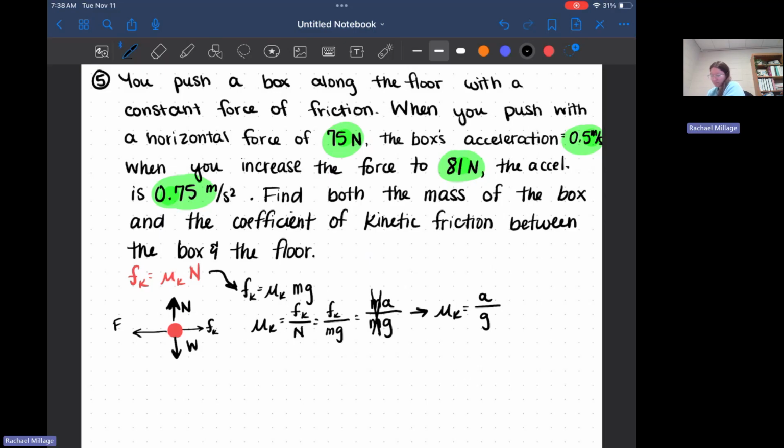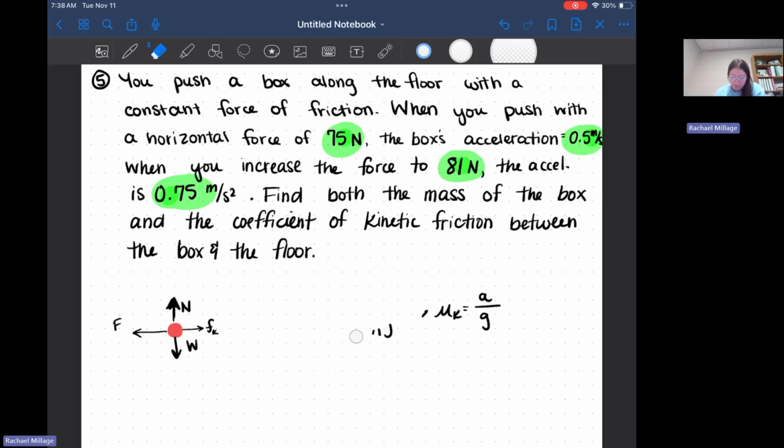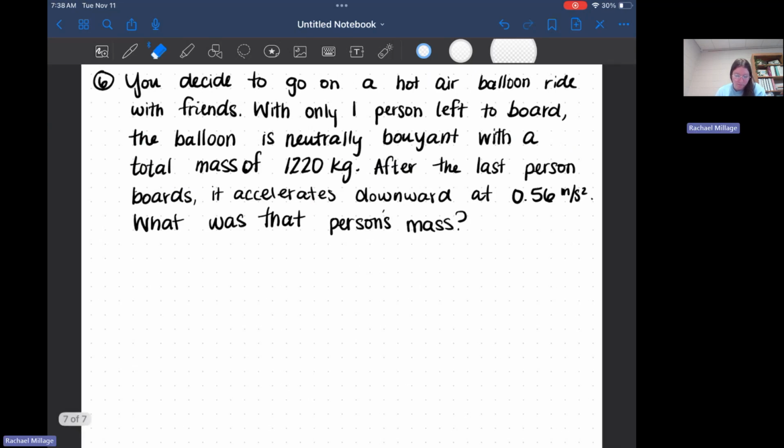So that's not right either. All right, we're going to skip this one and come back to it, because right now my brain is not working super well.